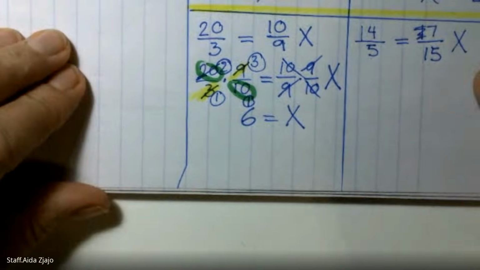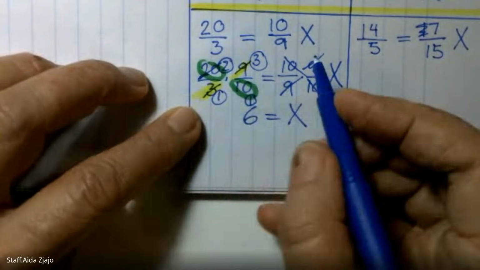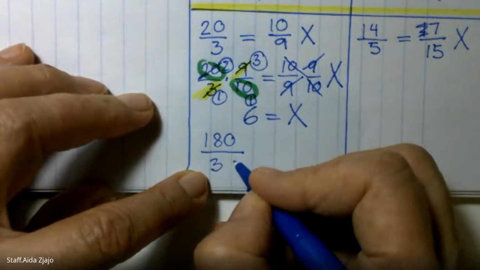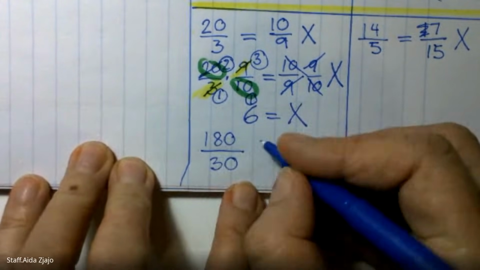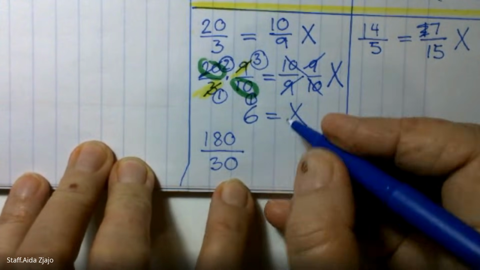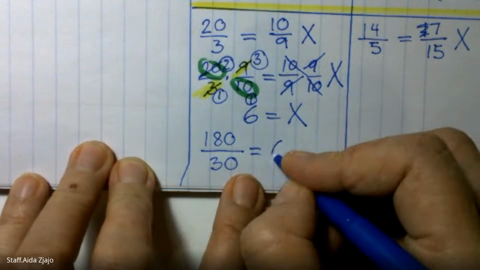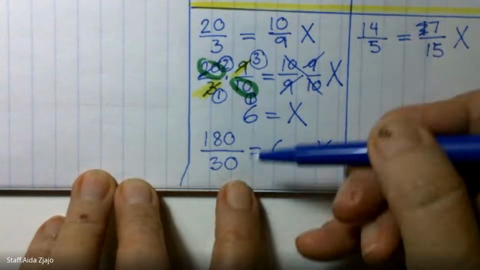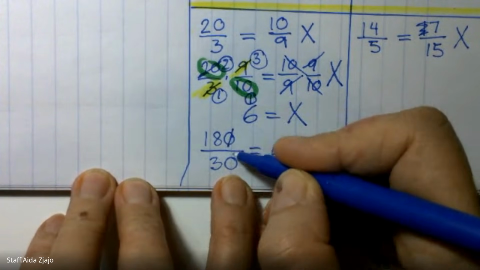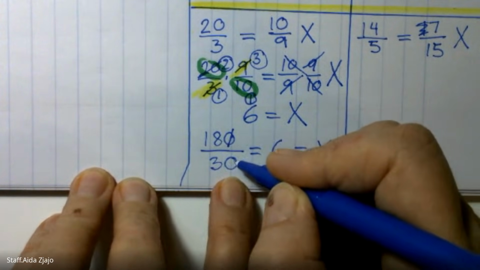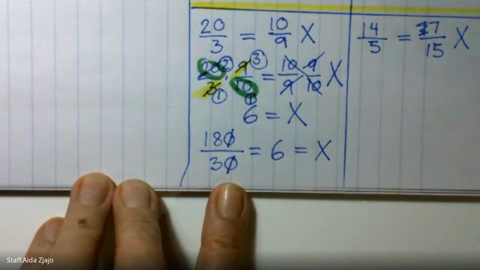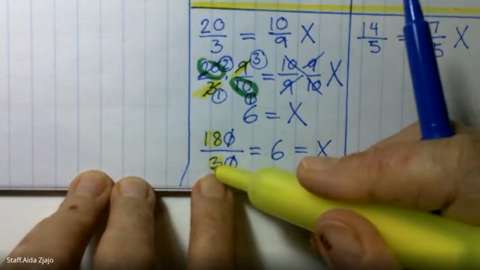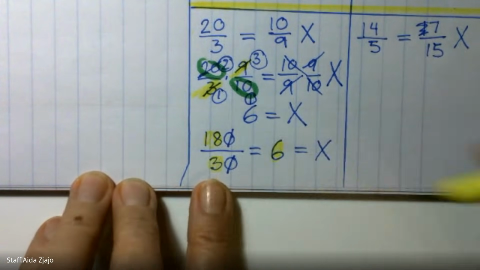X equals 6. Or if I think 20 times 9 is 180, 3 times 10 is 30, so 180 divided by 30 equals 6. So you only need to think about 18 divided by 3: what number times 3 is 18? So it's 6.